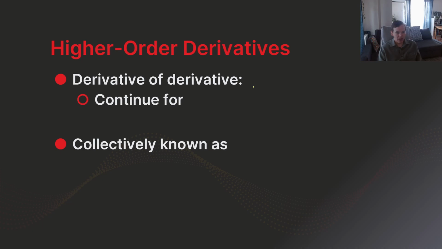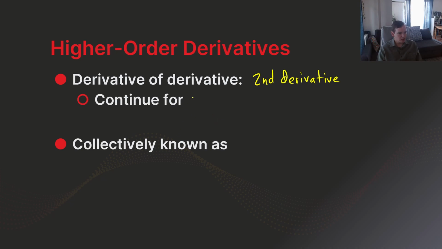Taking the derivative of a derivative results in the second derivative. So if I take the derivative of a derivative, I get a second derivative.